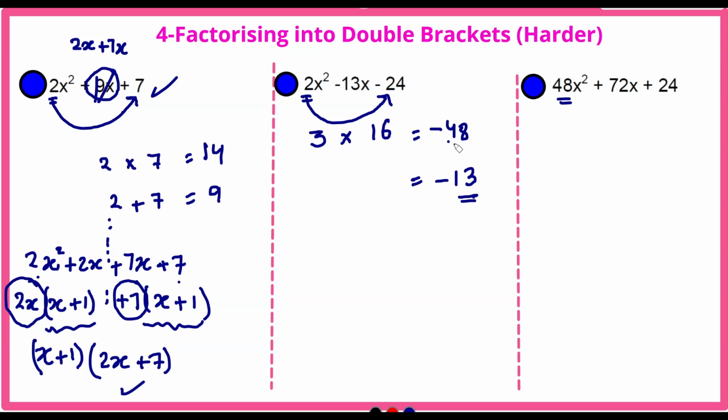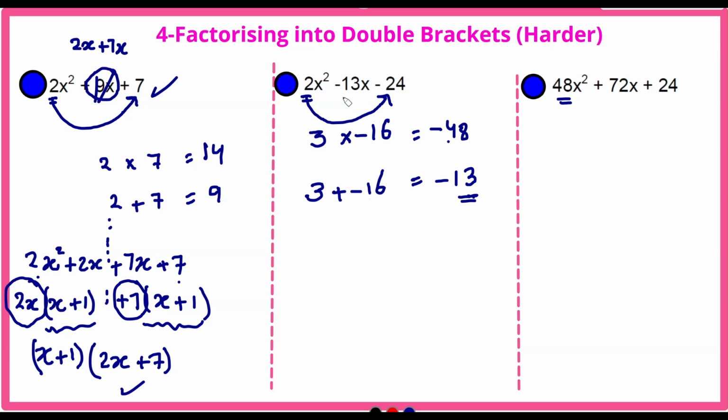We said if the product is negative, I'm looking for a difference. We said that in the beginning of the lesson. But this time that doesn't give me minus 48. I have to look here to decide which one of them is going to be negative. We said the largest takes the sign of the middle, so this has to be minus. So it's going to be 3 plus minus 16. 3 plus minus 16 is minus 13.